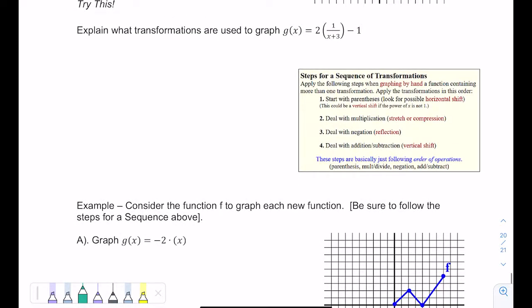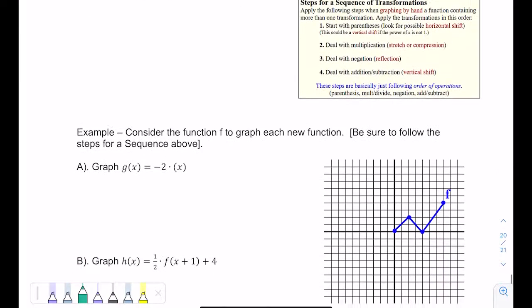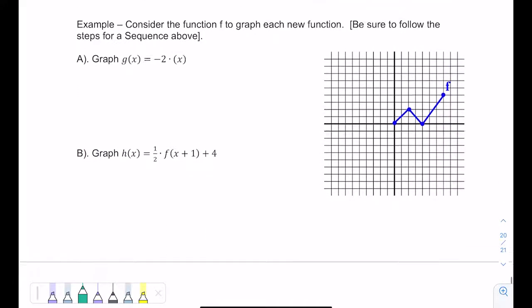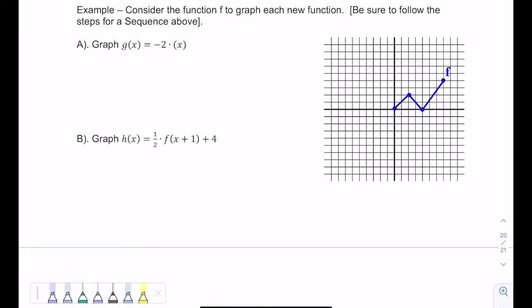Okay, so you guys can try this. Let's look at the bottom problem and we'll do this together. Okay, so you've got this function f in blue, and we have here what's called a sequence of transformations. So there could be more than one transformation going on, all right?